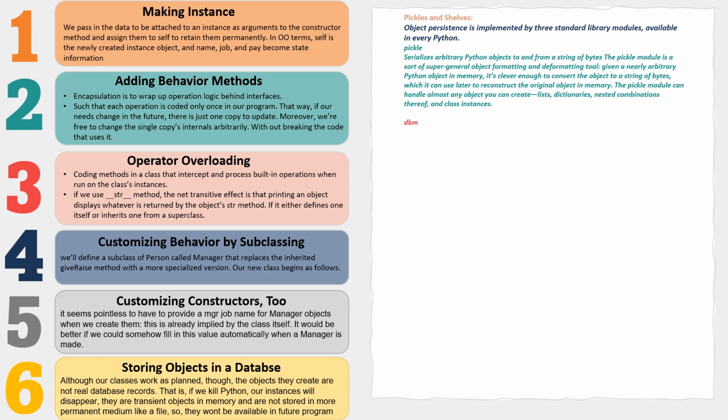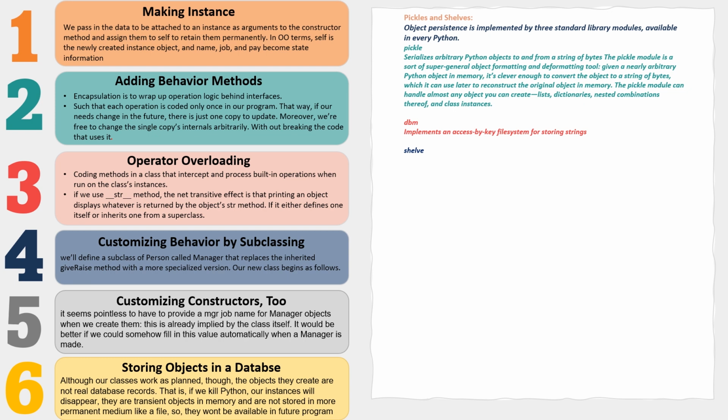The next important one is DBM. What DBM does is it implements an access by key file system for storing whatever strings were created from the objects using pickle. Now what we have is shelve. So what does shelve do? Shelve stores the strings under a key in a DBM file.